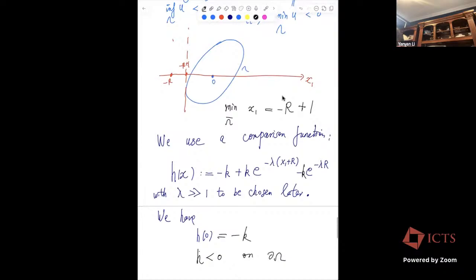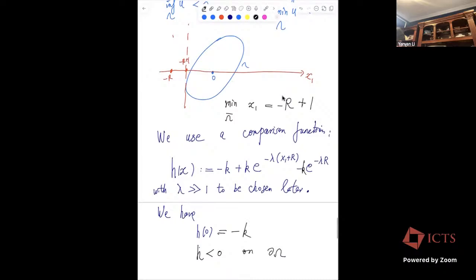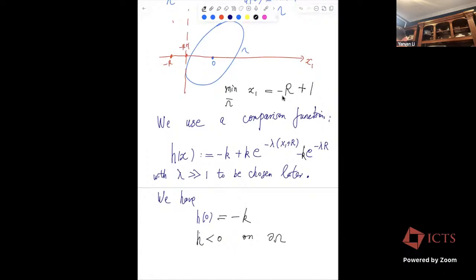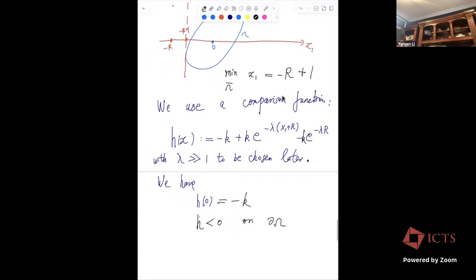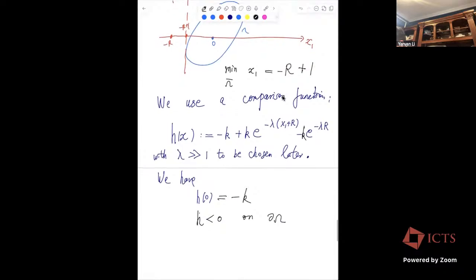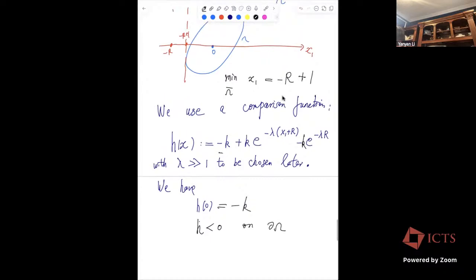Because on the boundary omega, first, this function is monotonic decreasing in x1.